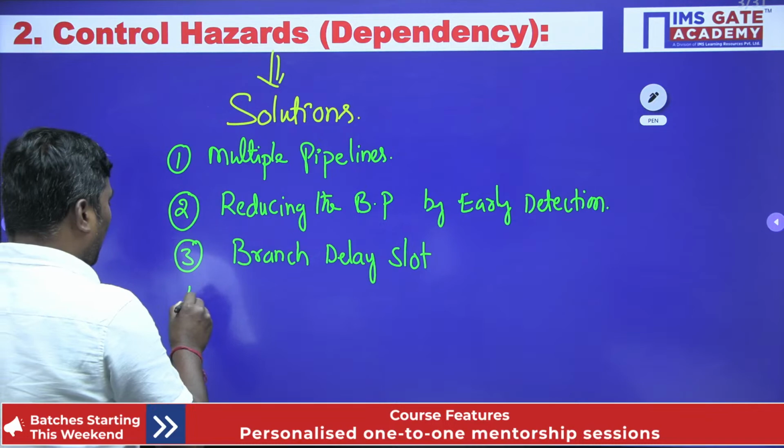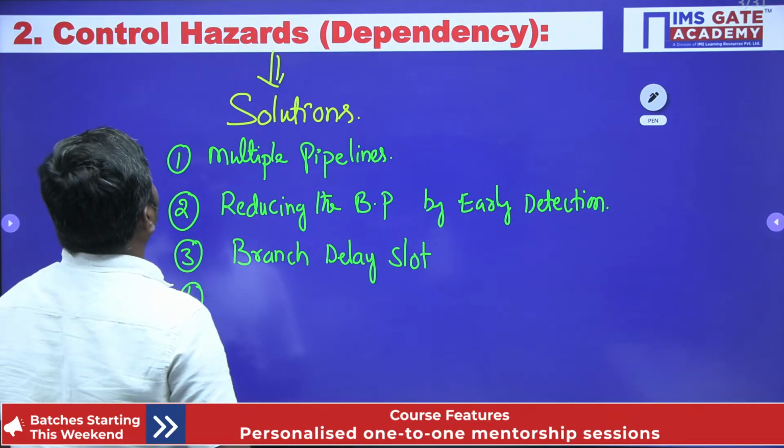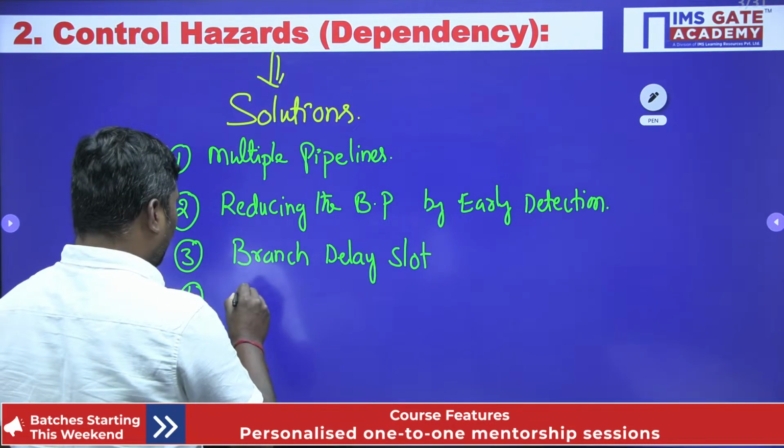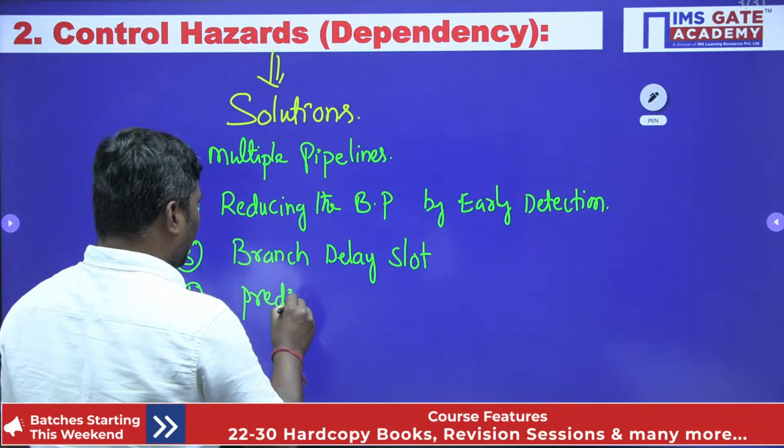The fourth technique for dealing with control dependency is the prediction method, branch prediction.